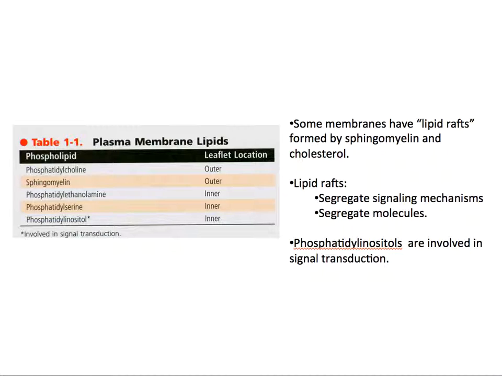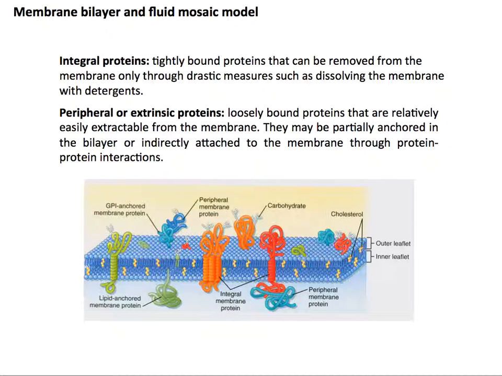Phosphatidylinositol is going to become a very important phospholipid, and it's involved in signal transduction. Lipid rafts, you will learn a lot more about this in biochemistry in Mod 4. This slide is important because you have to be able to differentiate integral proteins from peripheral proteins.